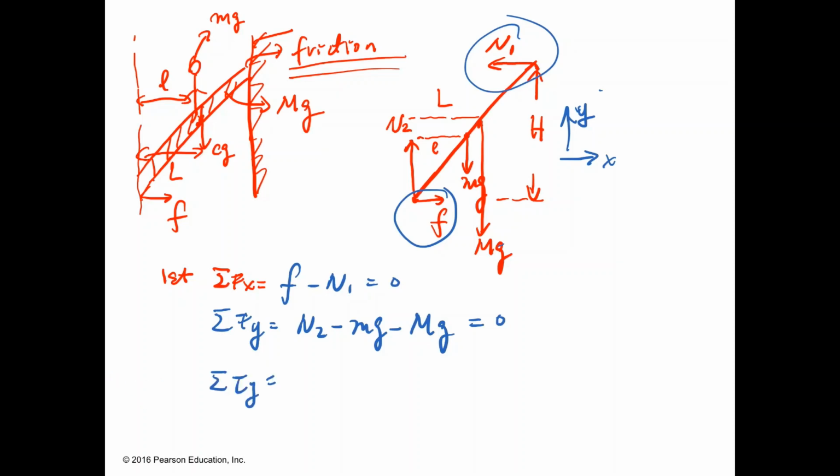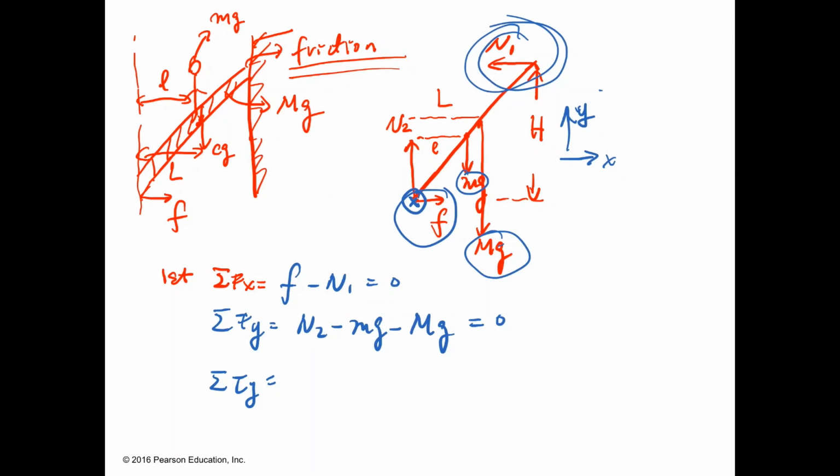Okay, let's find a reference point. Which reference point should we use, right? The easy one would be to use this one, because now we have the lever arm for this force, for the two weights, and the lever arm for N1 is well defined.